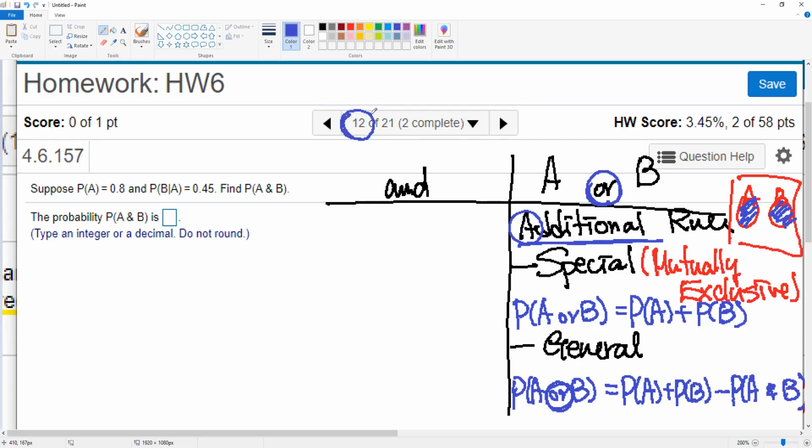But please look at number 12. We need the probability of A and B. The other case, "and." Then now we can apply another rule, the multiplication rule.